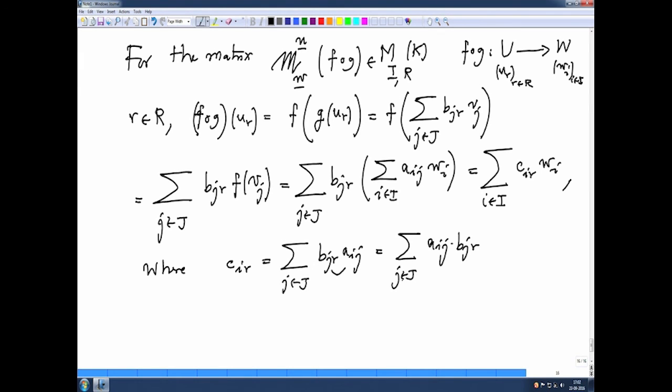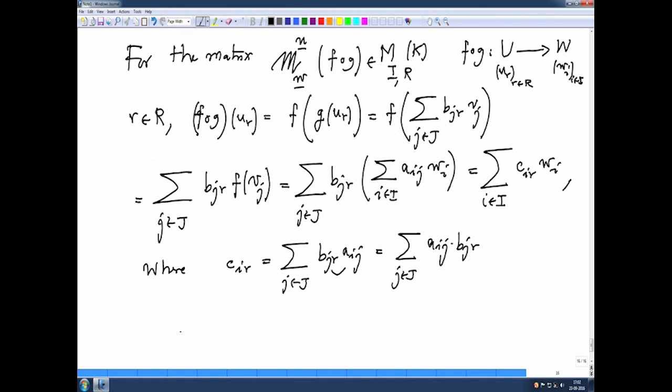You see, when J is running, this is the column index of the first matrix. So which is the first and which is the second?